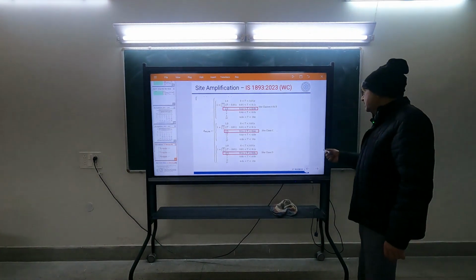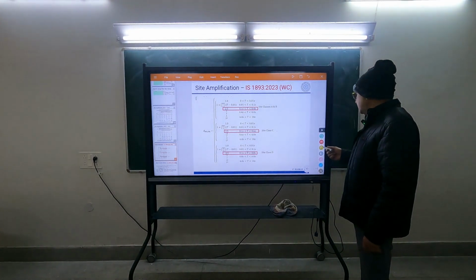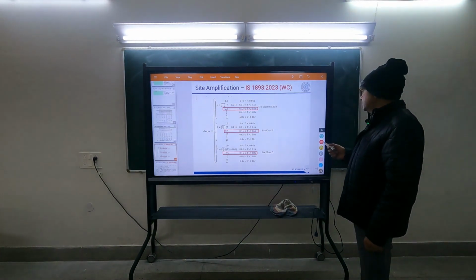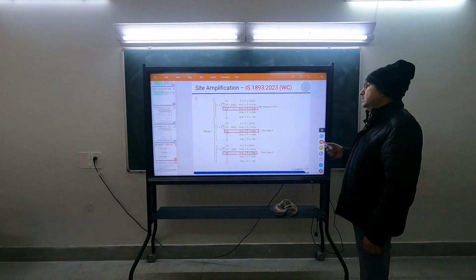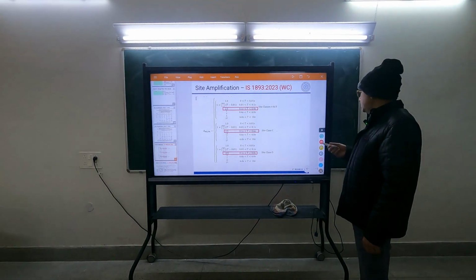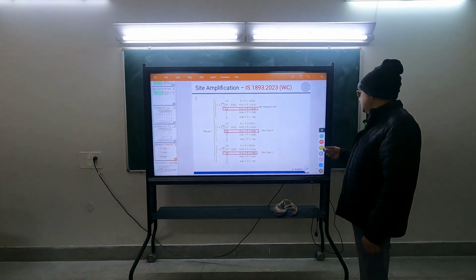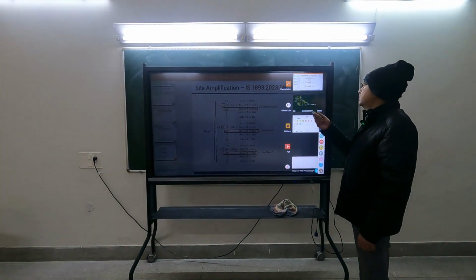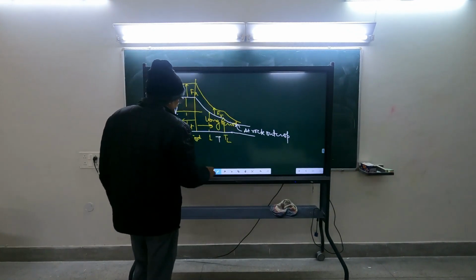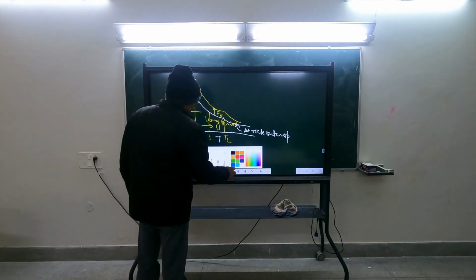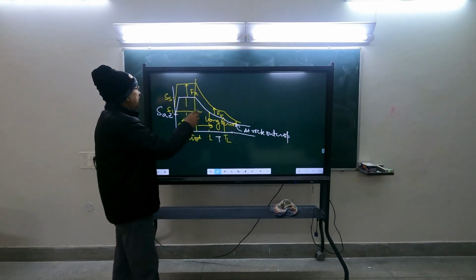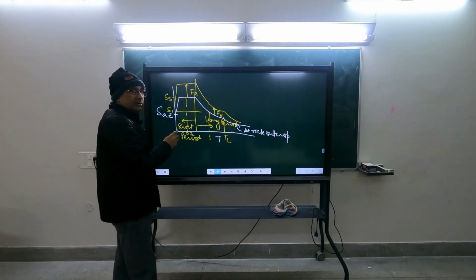So if I compare the response spectrum of our code with the American code, the American code has both FA and FV, and what is drawn in white is on rock, this is on soil.